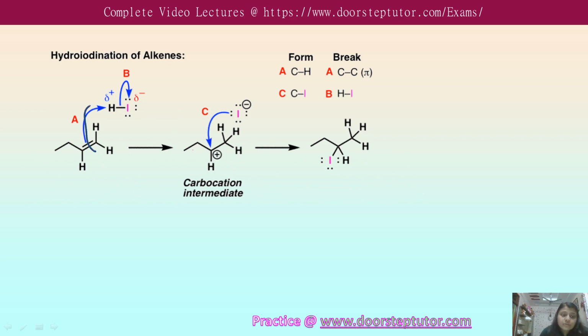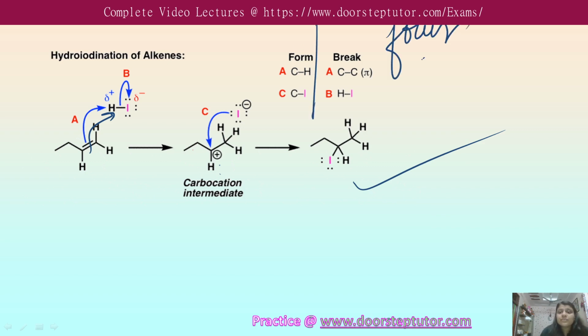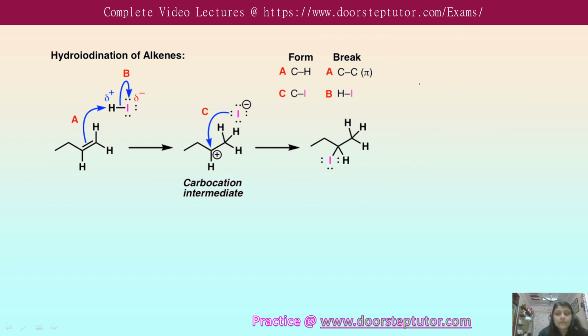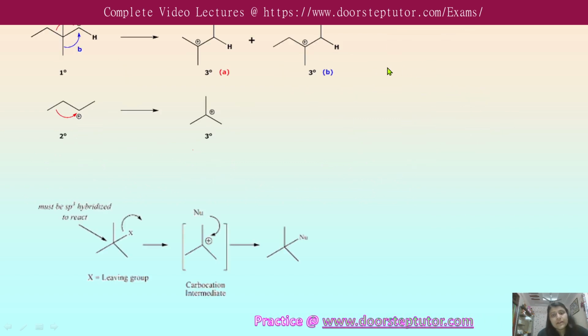So from electron rich to electron deficient, the attack is going to happen like this. After that, a positive charge develops on this particular carbon as a carbocation, and the nucleophile will attack. So this is the way in which bond is forming and bond is breaking. Just focus here: which bond is forming, which bond is breaking. I request you to please practice reaction mechanisms as much as you can, because it will help you ultimately.